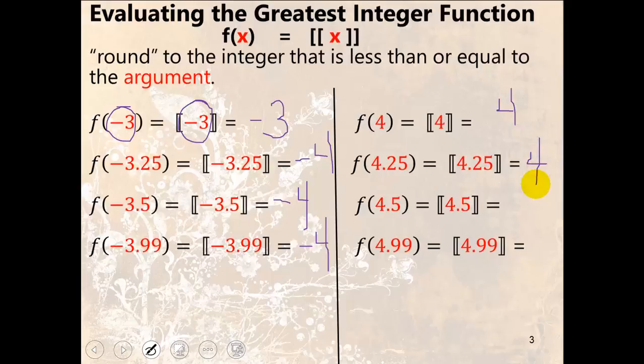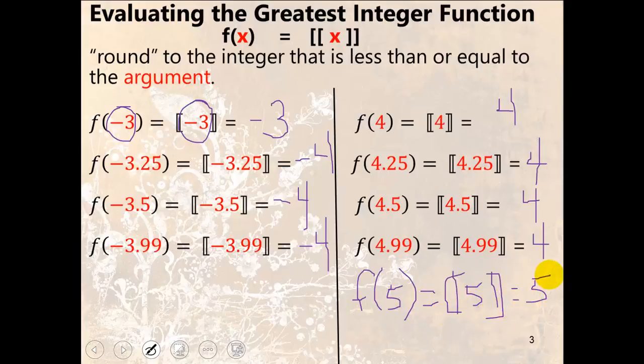And the greatest integer that's less than 4.5, well, that's 4. And the greatest integer that's less than 4.9, well, that's 4. And then at f of 5, it pops up to 5.